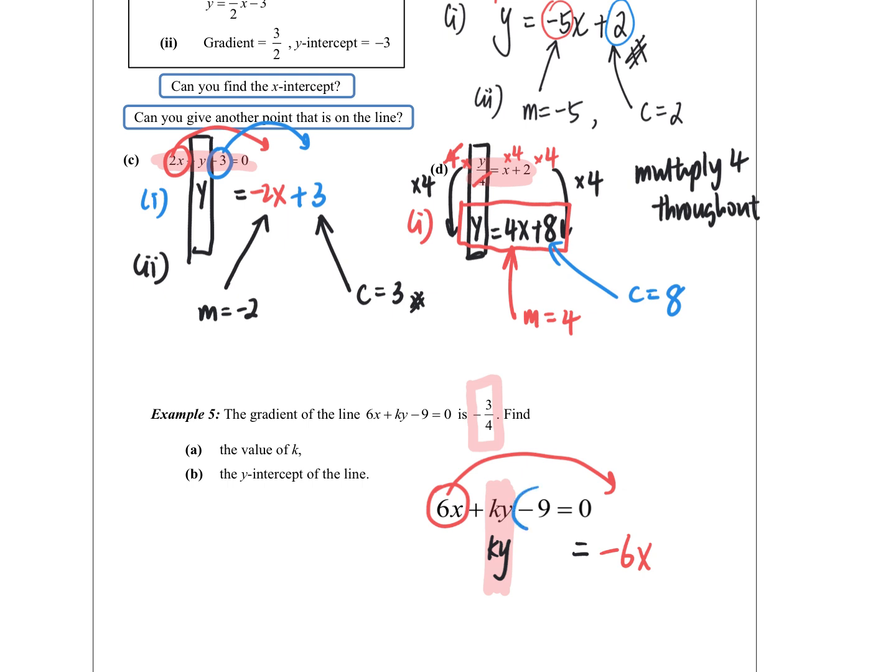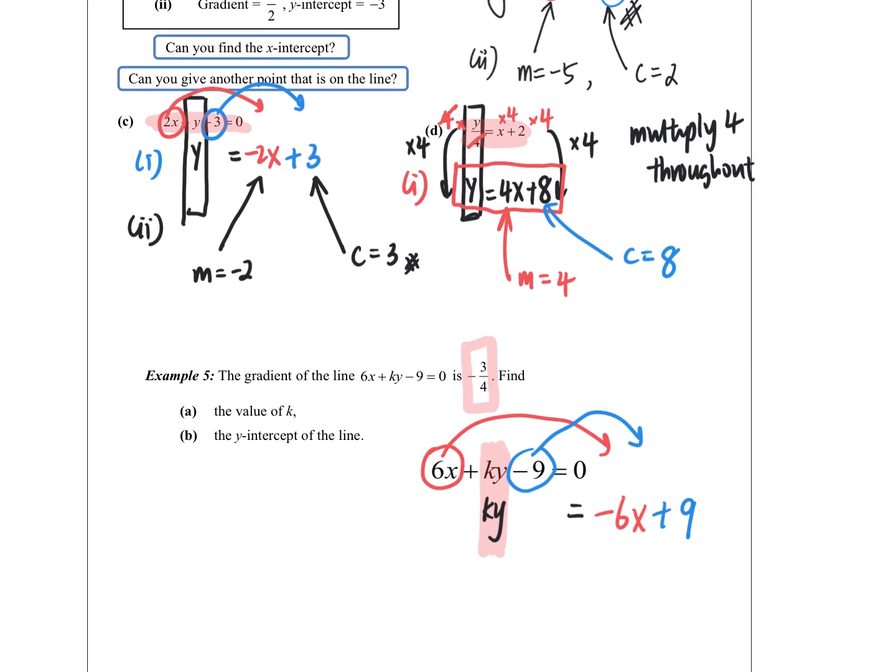This one I also don't want, shift to the other side, become plus 9. Okay, but I'm not completely done yet. I want y equals to something, right? I don't want ky. So what should I do? Everything divide by k. Divide by k. Divide by k. So I get y equals to minus 6 over kx plus 9 over k.